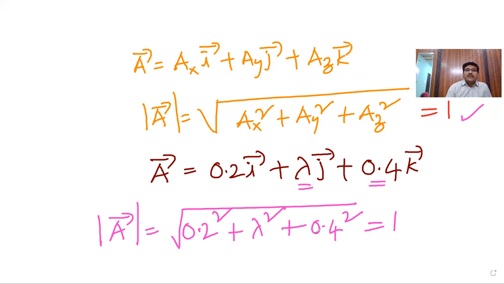Magnitude is 1 for a unit vector. Simplify this: squaring on both sides, this becomes 1.